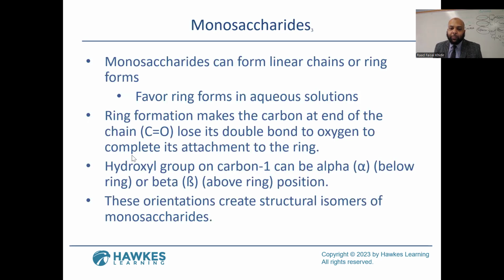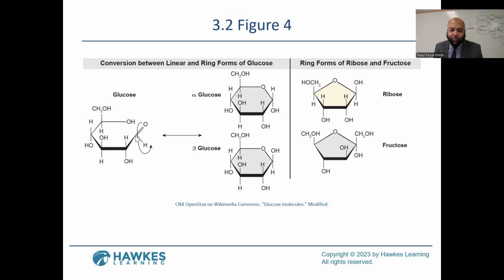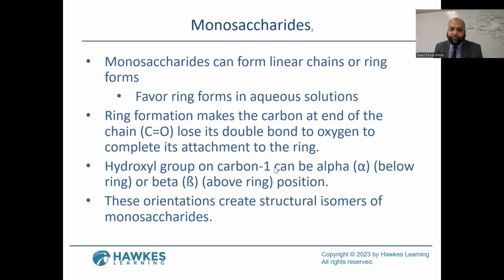So you see, the hydroxyl group on carbon 1, where is carbon 1? This is carbon 1. If the hydroxyl group on carbon 1 is below the ring, that makes it alpha.